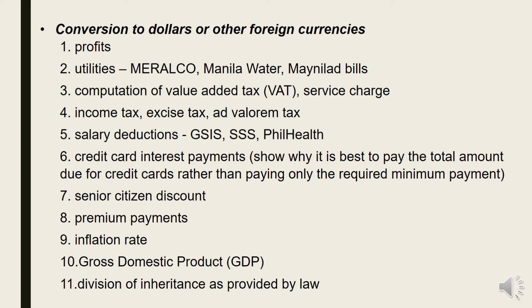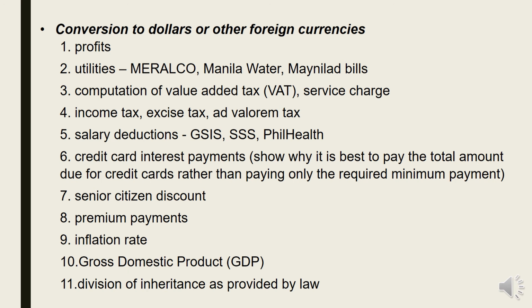It shows why it is best to pay the total amount due for credit cards rather than paying only the required minimum payment. Number 7, we have senior citizen discount.